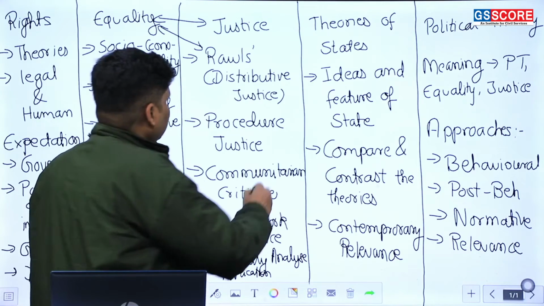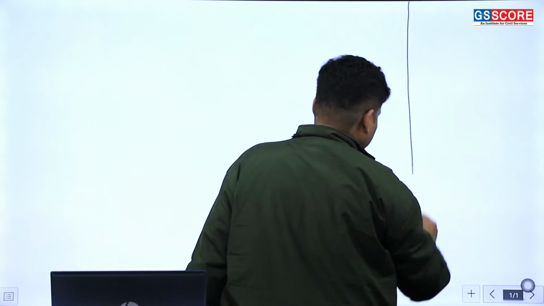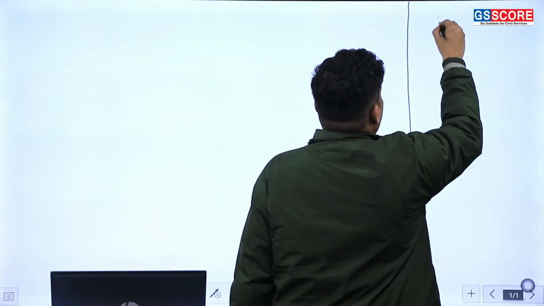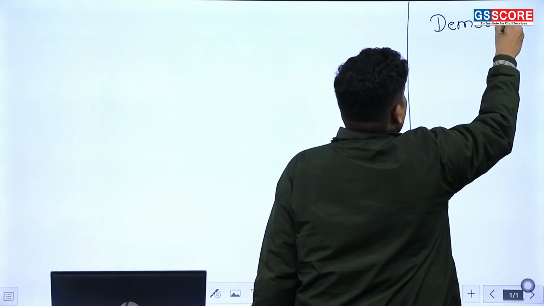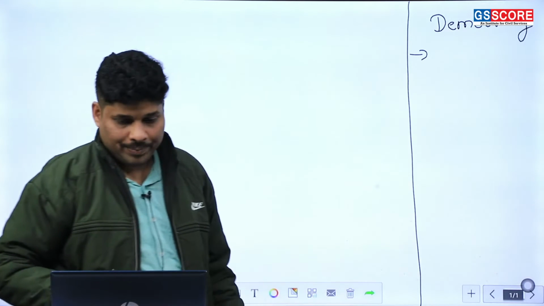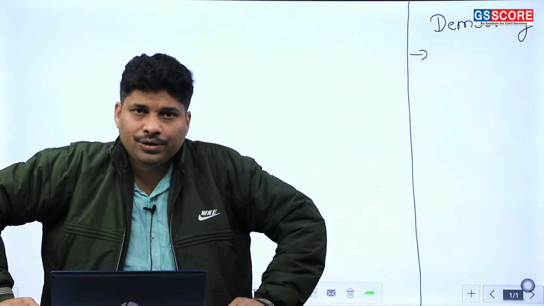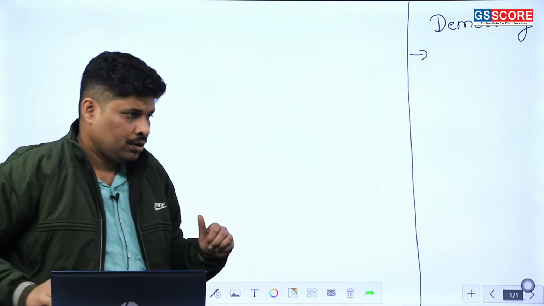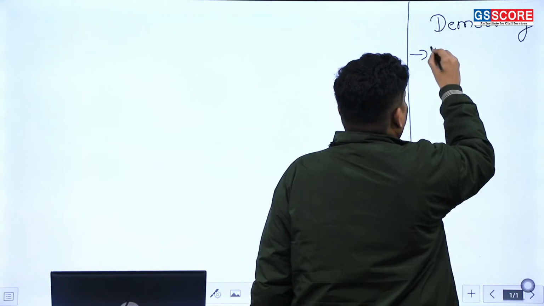Moving ahead, if I have to talk about the next topic, it will be democracy. डेमोक्रेसी. ठीक है. यहां पे conceptually what UPSC wants you to know is basically types of democracies. So types of representation, I would say.